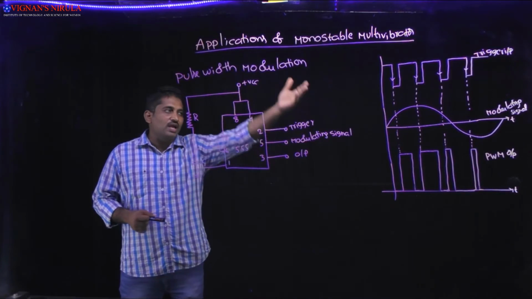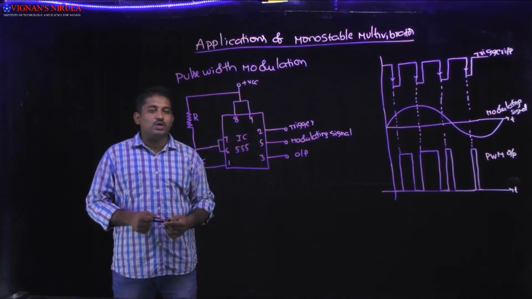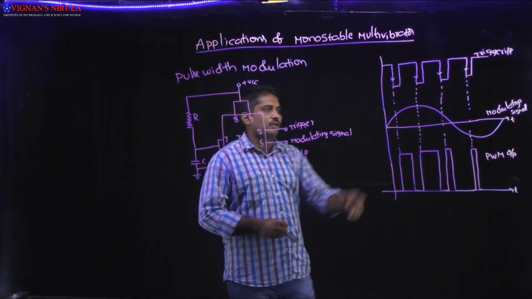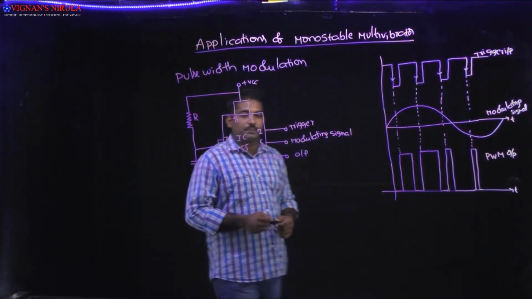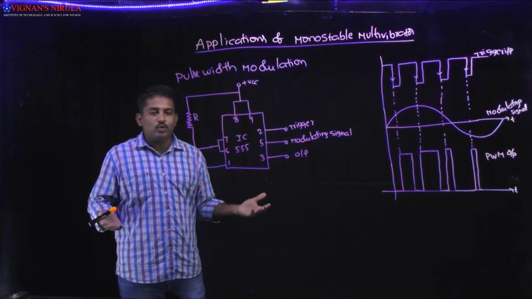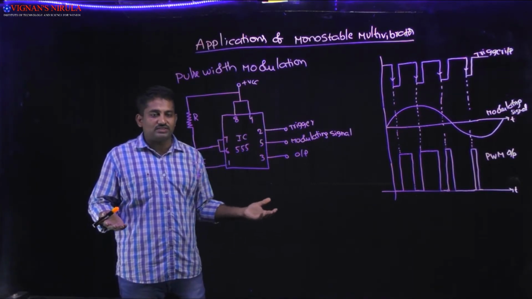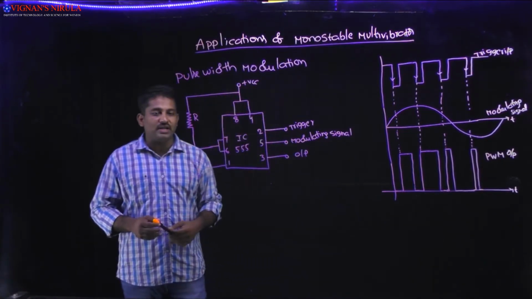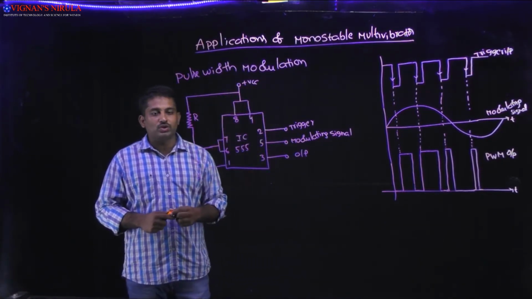Here I am showing the input and output waveforms of the pulse width modulator. Upon the application of the trigger pulse, the monostable multivibrator generates the output signal. Here the modulating signal is applied at the fifth pin.